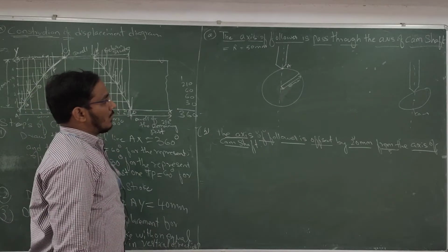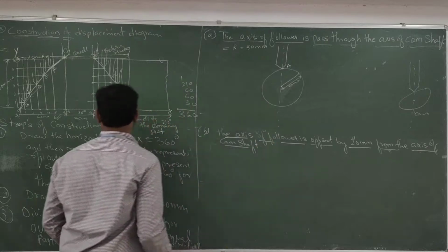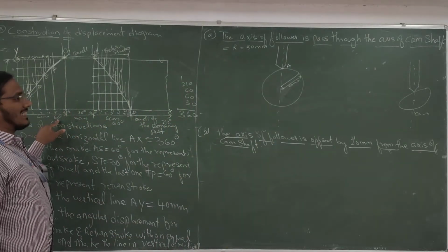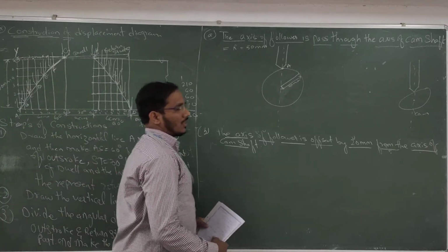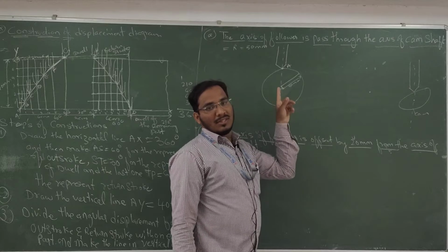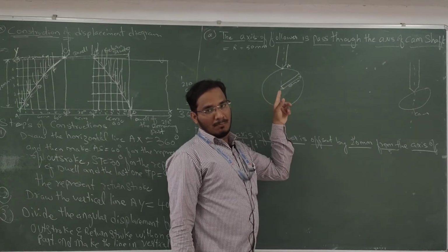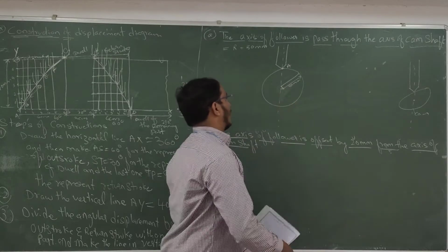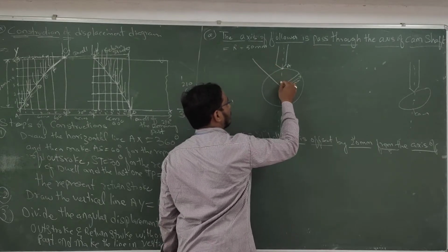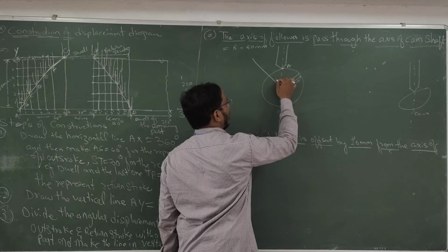Next, make an angle from O to B. How much? O to B is 60 degrees. So you have to make the angle here at the center O with the help of a protractor. You can draw the 60 degree angle from the center.